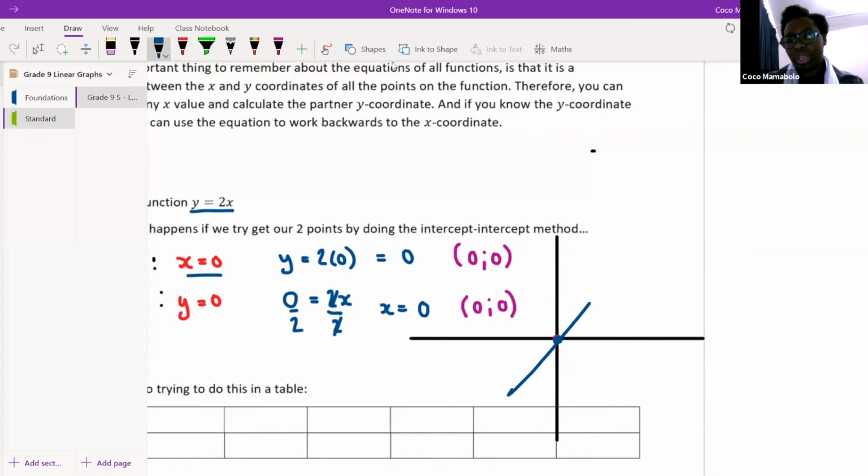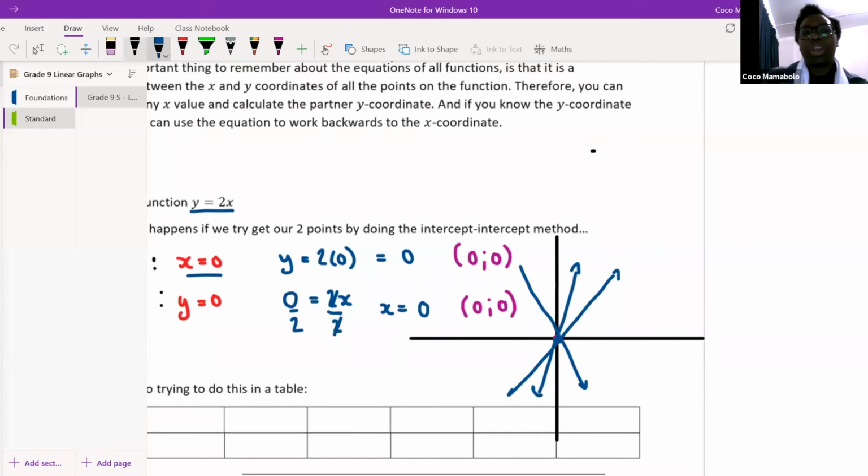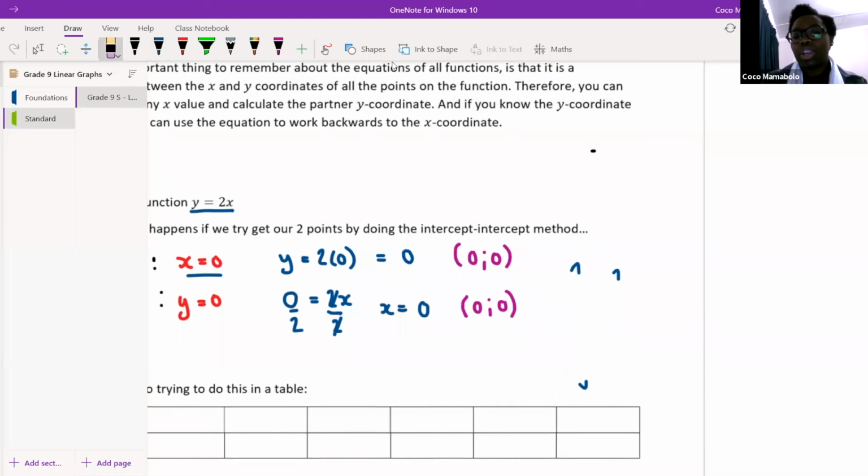Do I draw it that way? Or that way? Or that way? This doesn't tell us very much, because both of them are (0, 0), and that's not very helpful. So we're going to go back and look at the table method again.